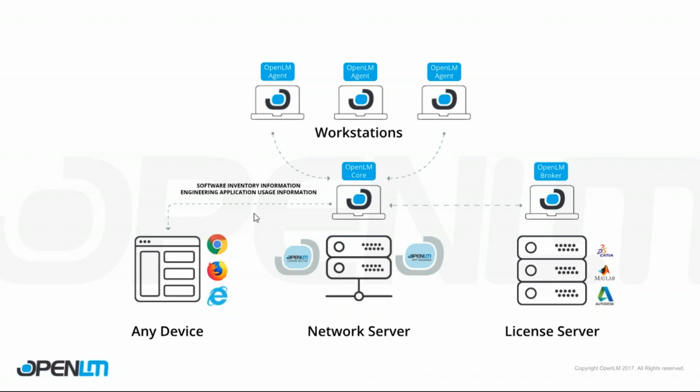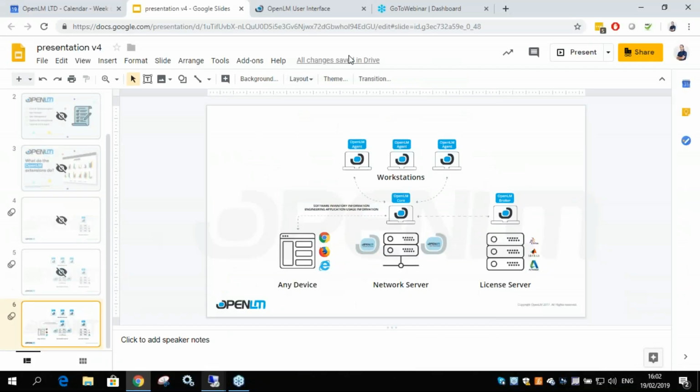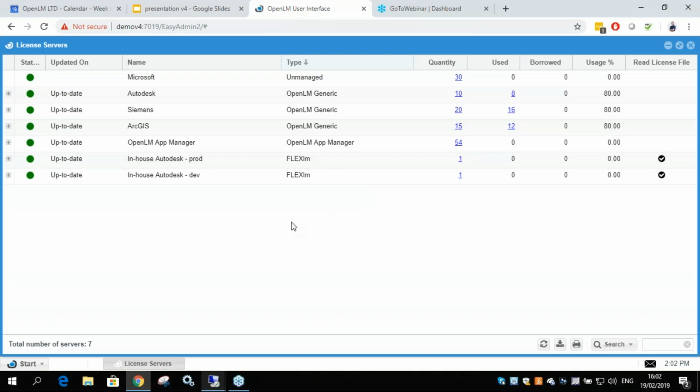So what does the agent give you in its base format? It can do a few things, both for the admin and the end user himself. We'll start with what the agent gives to the admin, and then we'll go to the end user.